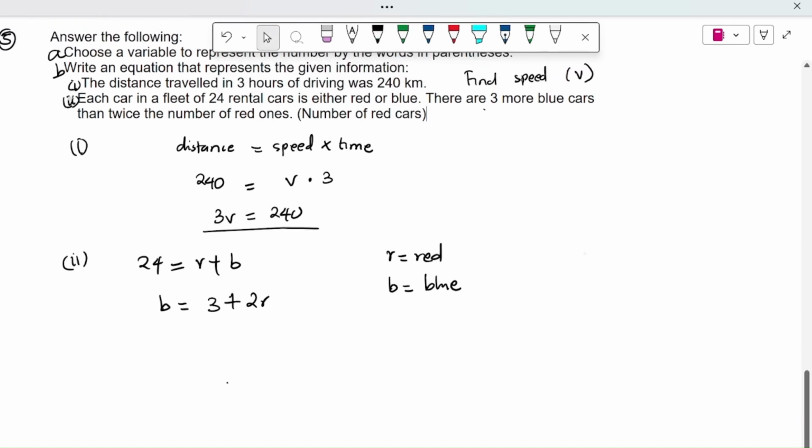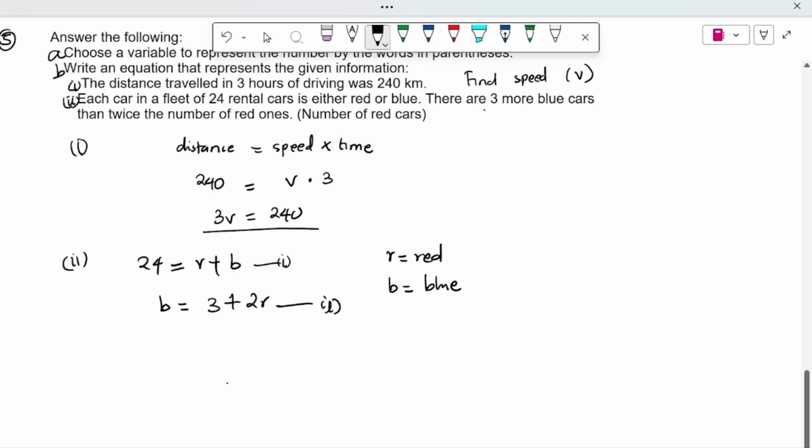Instead of just saying there are 3 blue cars plus 2r, that does not make sense, because we are not told that there are 3 times the blue cars. But you're told there are 3 more blue cars than twice the red ones. So this is equation 2.